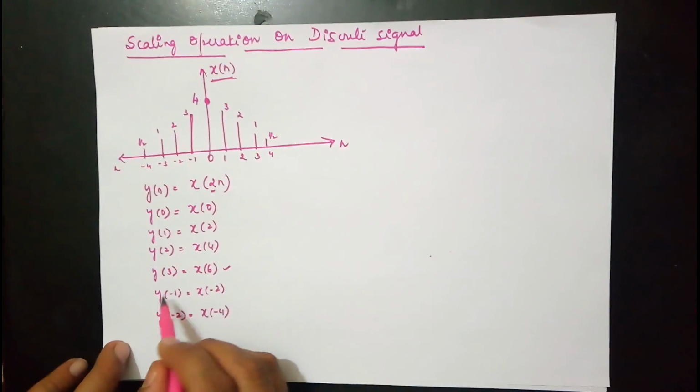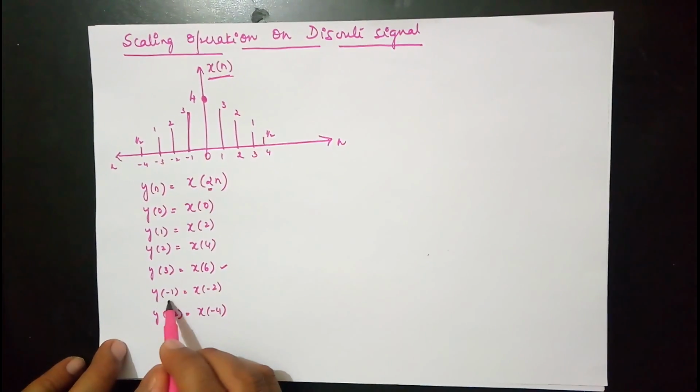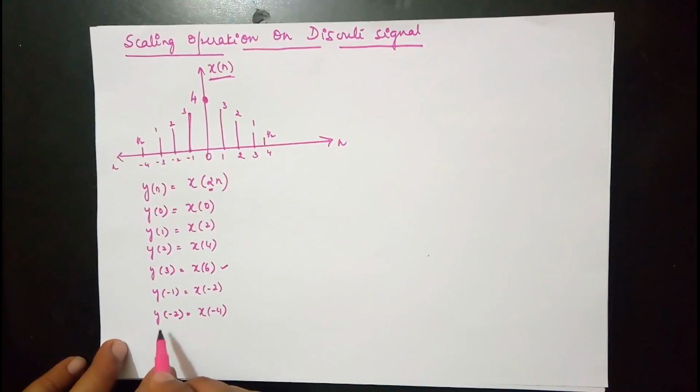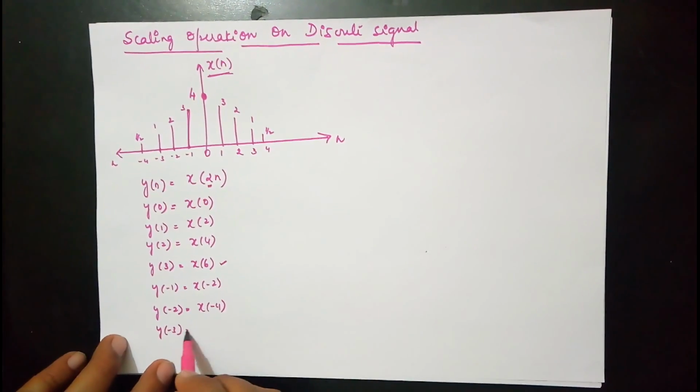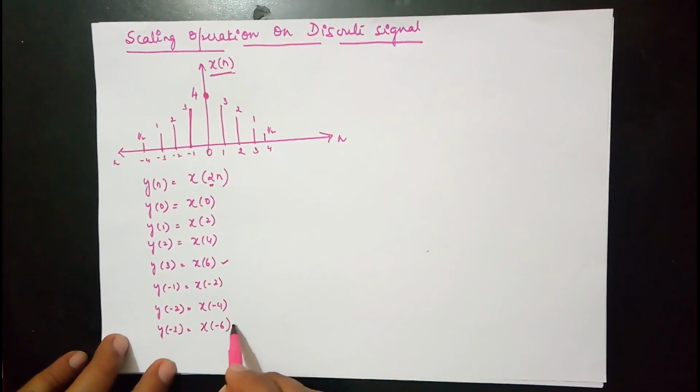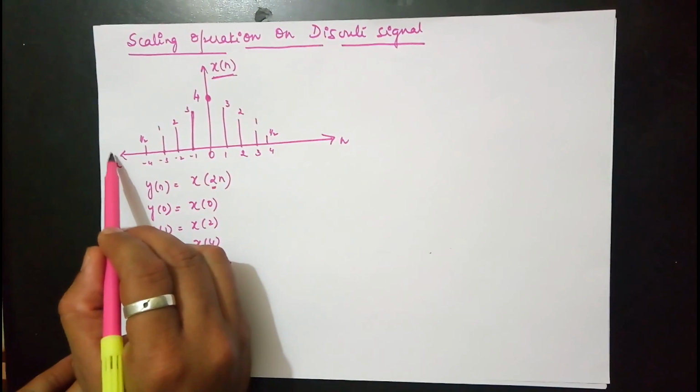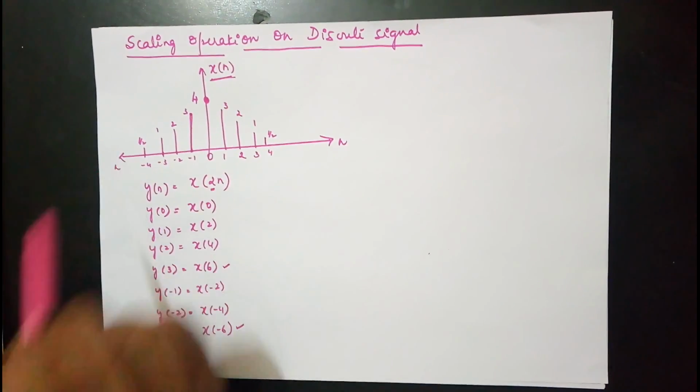So I'll go for the negative. y of minus 1 is equal to x of minus 2, y of minus 2 is equal to x of minus 4, y of minus 3 is equal to x of minus 6, which is again unnecessary because I don't have any sample at n is equal to minus 6.